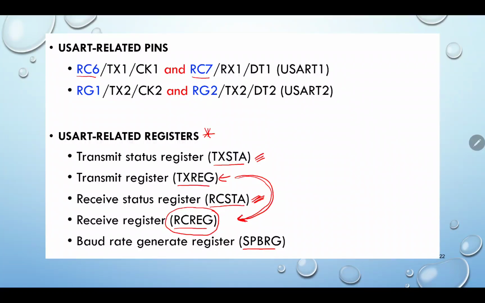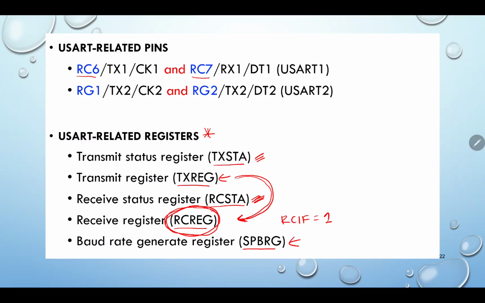The incoming data will be stored in the receive register, and your RCIF flag will become 1, indicating that the data has been received or has arrived. Okay, so this is how these 4 registers actually work. Is that okay? This is important for you to know.